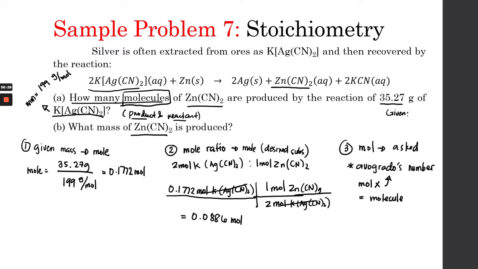So by multiplying 0.0886 moles by Avogadro's number, 6.02 times 10 raised to 23, you'll get 5.34 times 10 raised to 22 molecules.